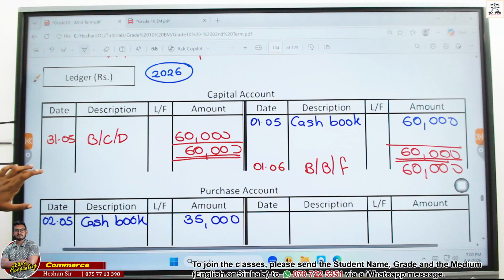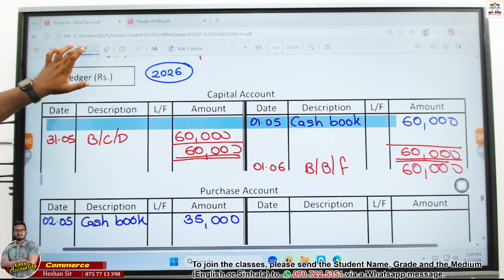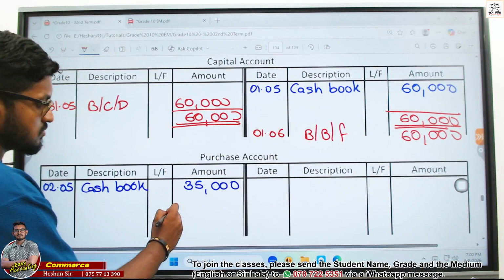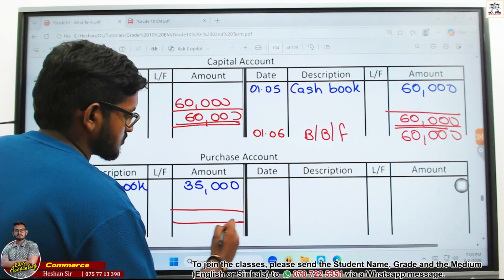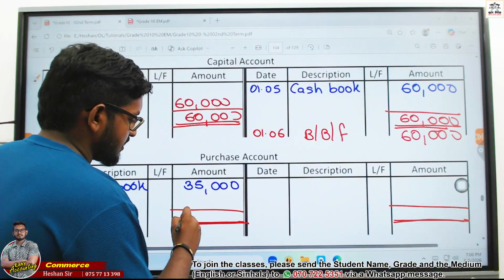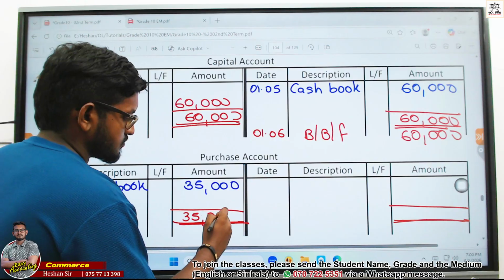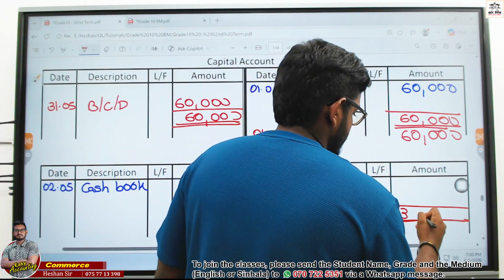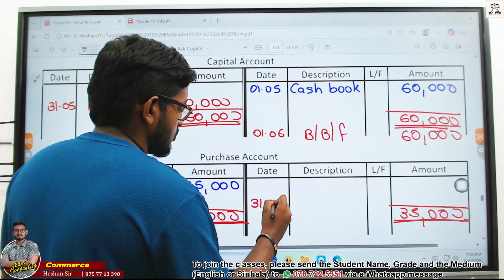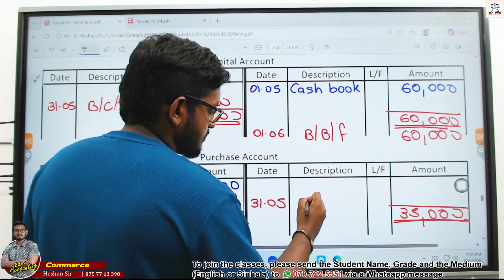Balance the purchase account. In here 35,000. 35,000 minus 0, 35,000.